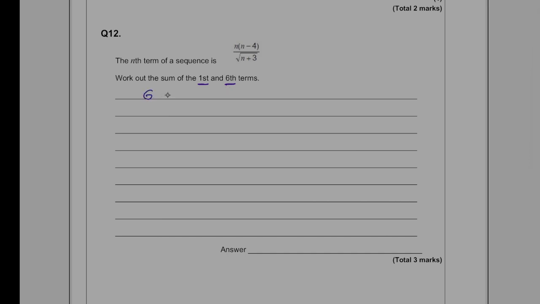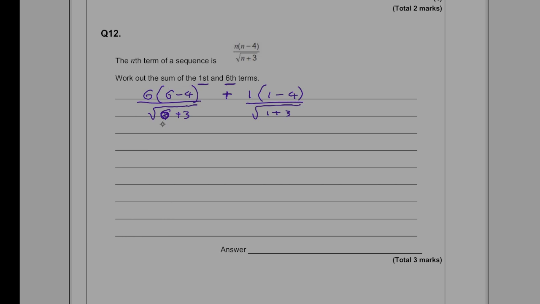So this is going to be 6 times by 6 minus 4, all divided by the square root of 6 plus 3, quite nice, plus the first term, which is going to be 1 times by 1 minus 4, divided by the square root of 1 plus 3.